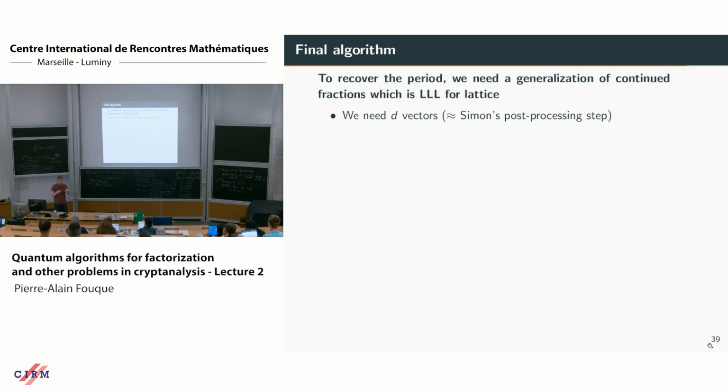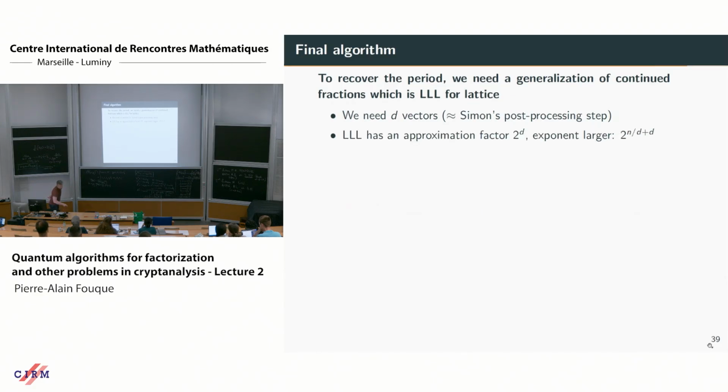In Simon's algorithm you need n minus 1 different values to recover S. Here I need as many vectors as the size of the dimension that I am looking at. So I need d vectors, and d will be the number of runs that I have to apply my algorithm.